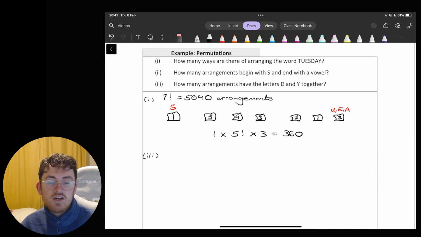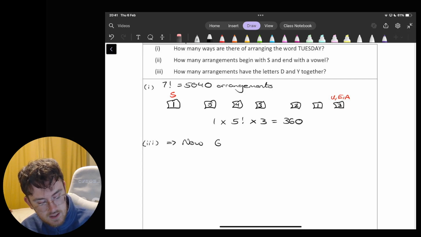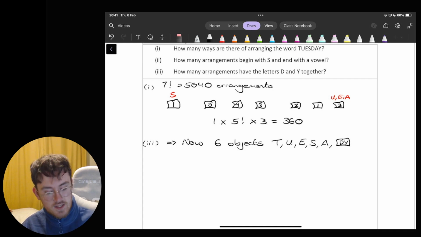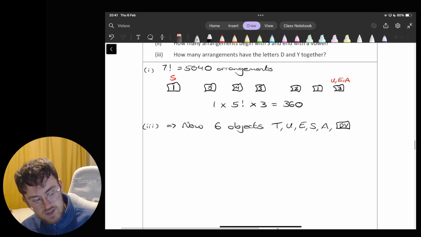If we're asked how many arrangements have the letters D and Y together, we're saying that there are now 6 objects to be arranged. Those are the letters T, U, E, S, A, and then the block of D, Y. So only 6 objects to arrange. The number of ways of arranging 6 objects is 6 factorial.